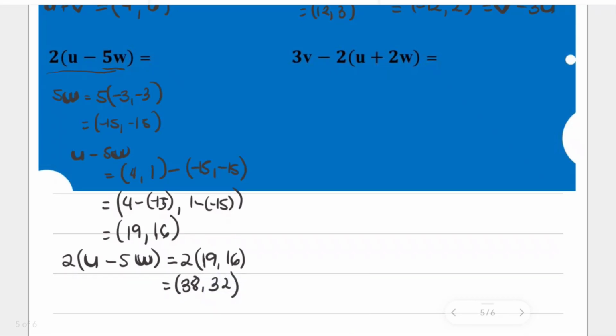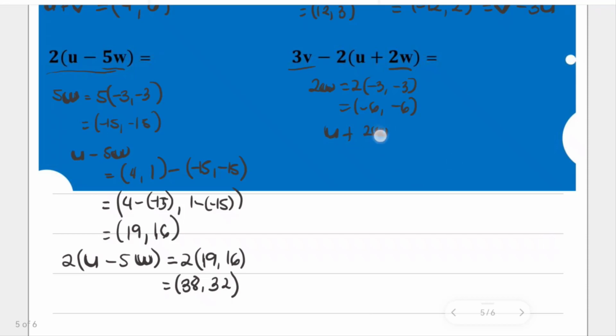All right. And finally, for our last, it's a little bit longer. Let's start with 2w. You have 2 times -3 and -3, so you will have -6 and -6. But let me just continue with u plus 2w.